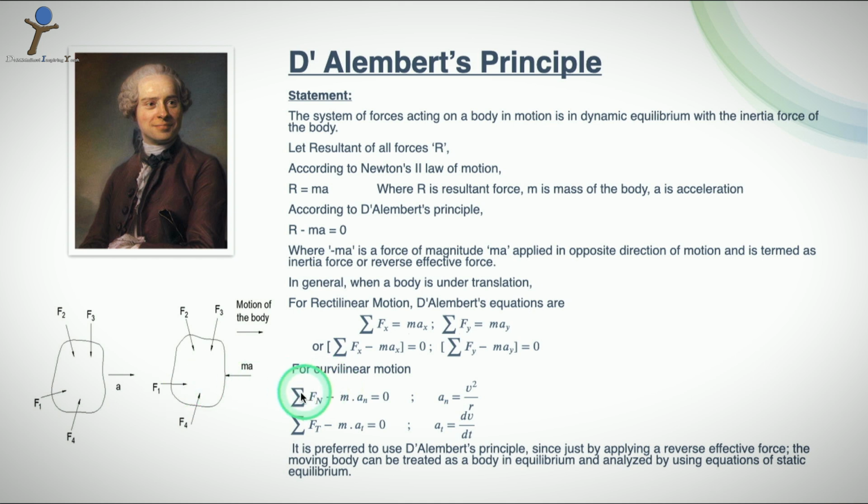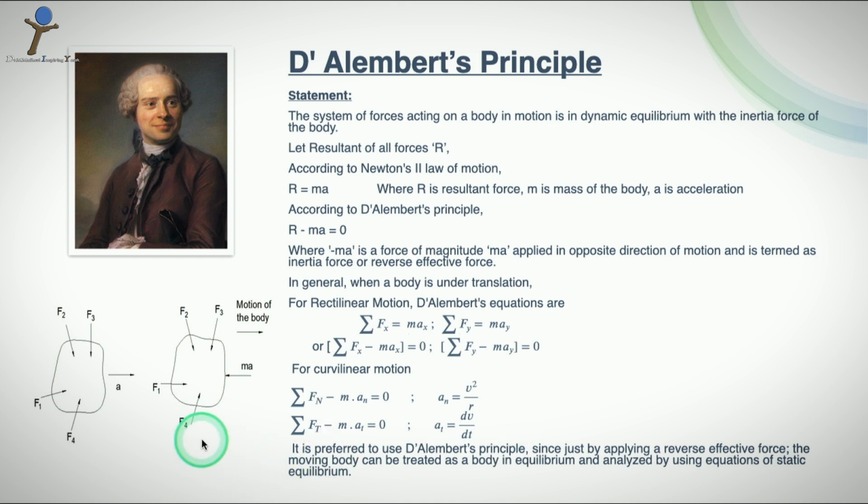For curvilinear motion, sigma Fn minus man, that is normal acceleration, equal to 0, where normal acceleration is given as v square by r, and sigma Ft minus mat equal to 0, where tangential acceleration is given by dv by dt.